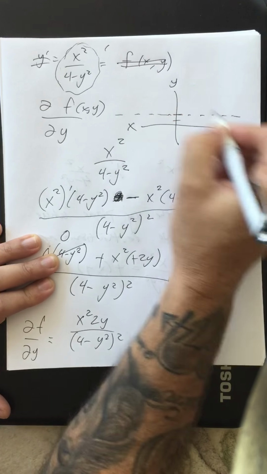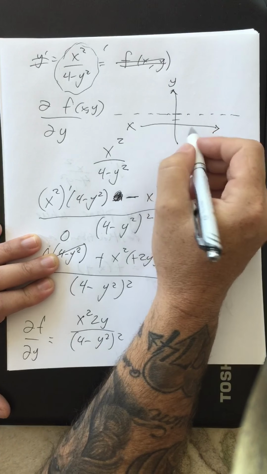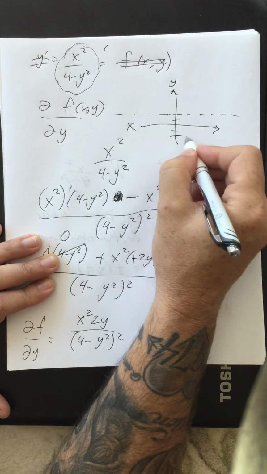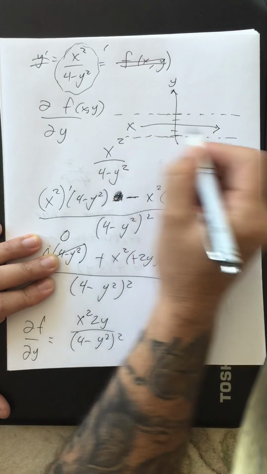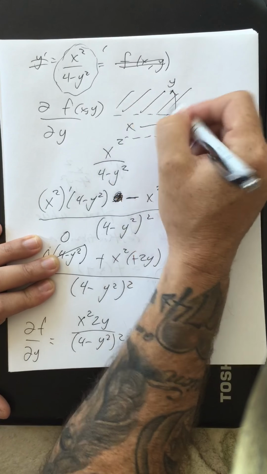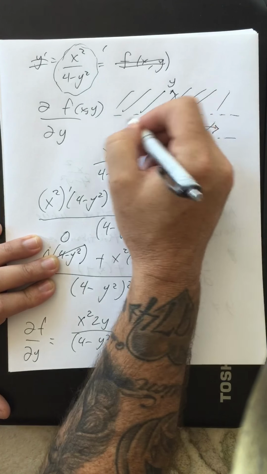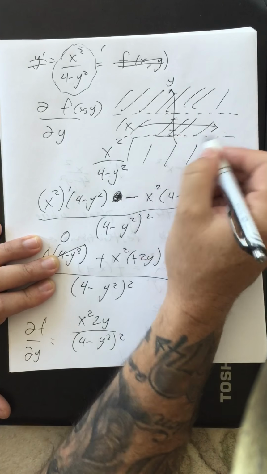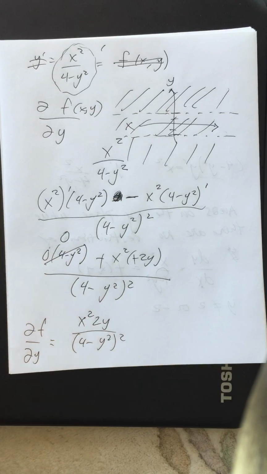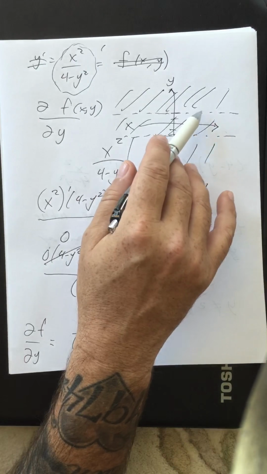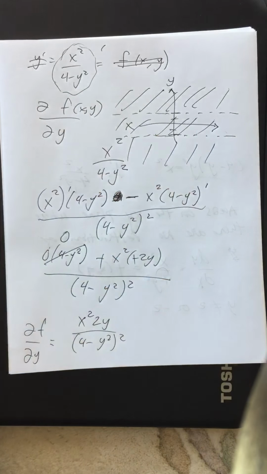Here's x. Here's negative 2. Dashed line. So y can equal all this, and all this. It just can't equal anything along these lines here. So any x value that gives a y value, y can't equal these along these lines. So that's the region.